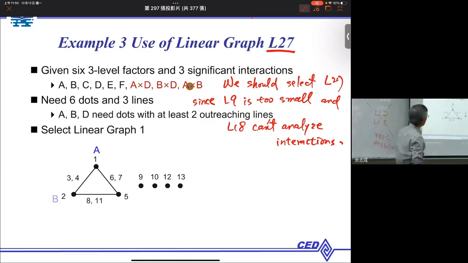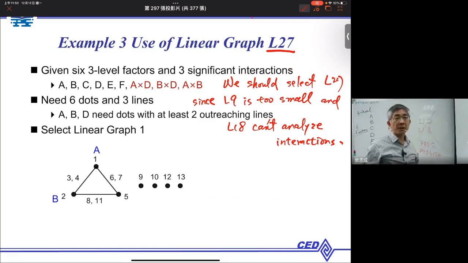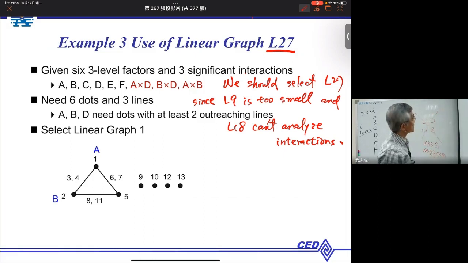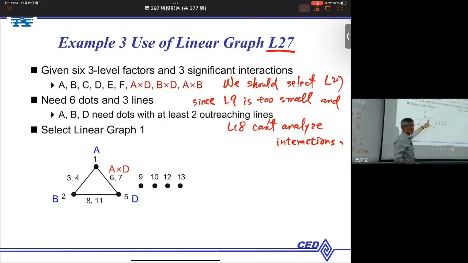Same. Next one, let's put B. B is another factor appearing in the interaction, so it needs 2 lines, since we need to consider BD and also AB. Same thing for factor D. After we put ABD, we can be very happy: the interaction AD is reserved in columns 6 and 7.